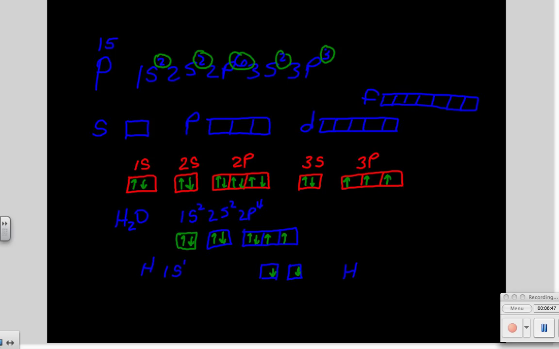This orbital is linked to that hydrogen, this one to this one, and maybe you can see what's going to happen. There's going to be a bond that forms between these, and when they share electrons, they both feel as if they've filled their orbitals. That's the mechanism by which you're going to be able to figure out formulas of compounds.